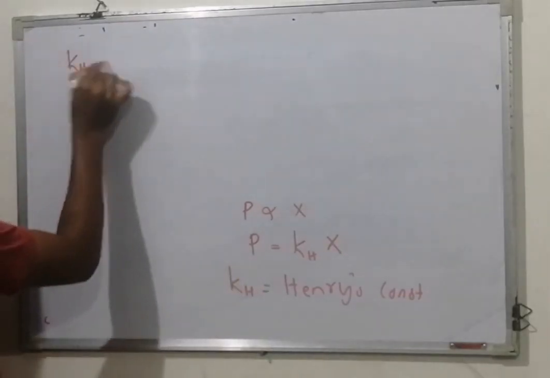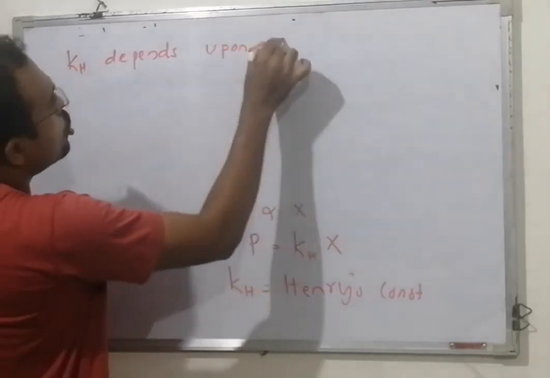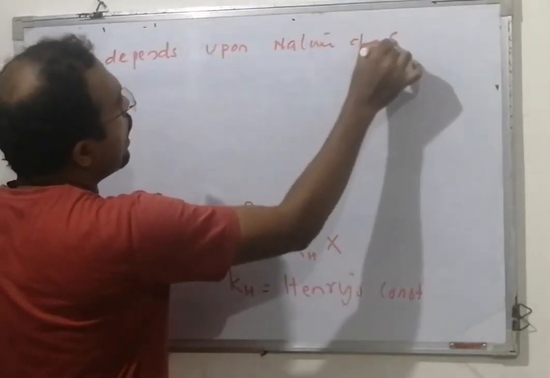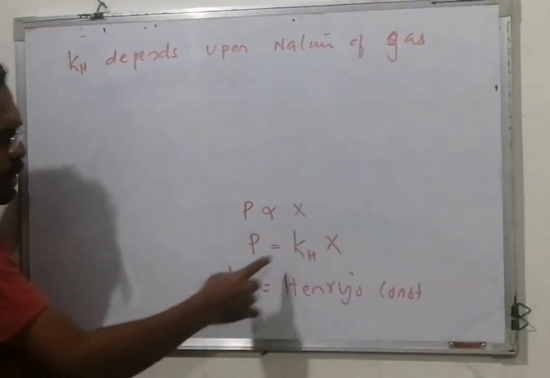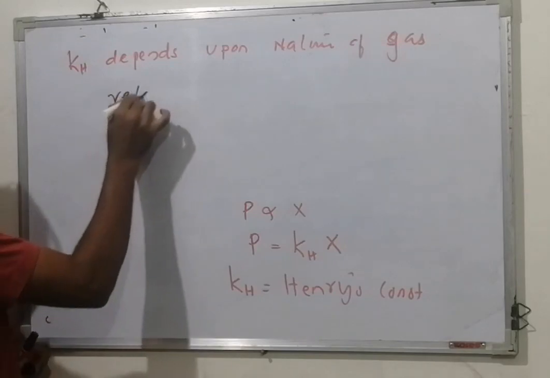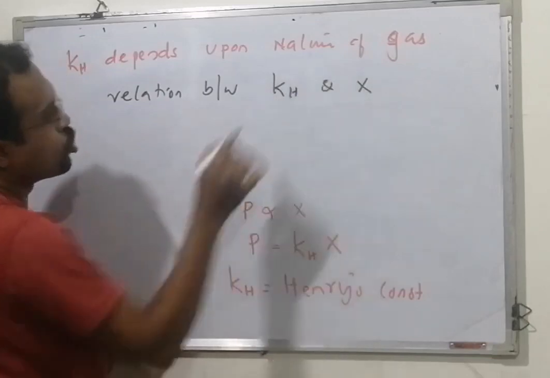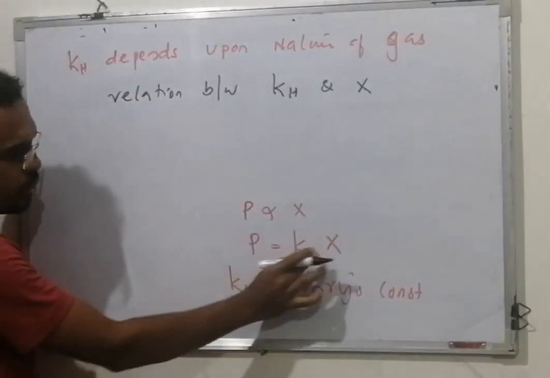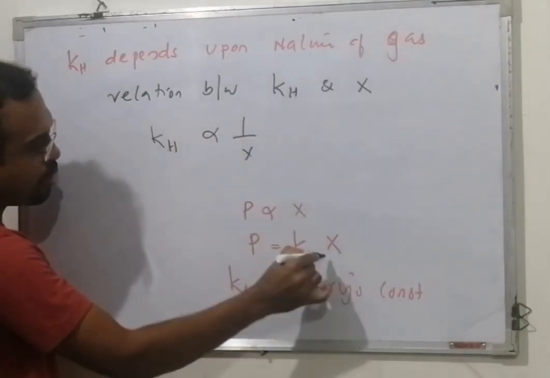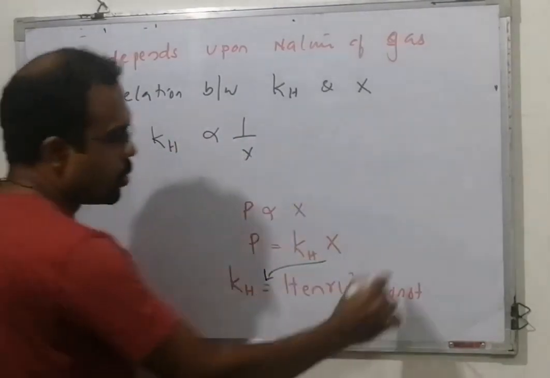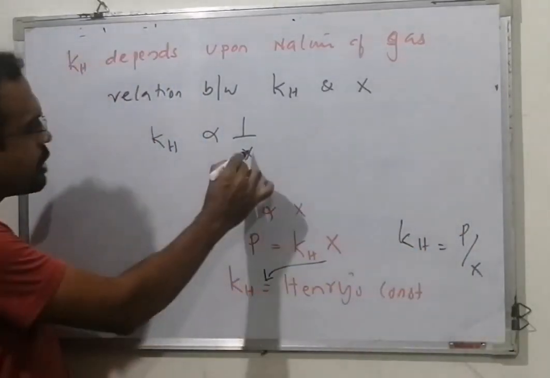Henry's constant KH depends upon the nature of the gas. You know the relation between KH and X, solubility. KH is inversely proportional to X. If you bring it here, KH is equal to P by X. What does this mean?